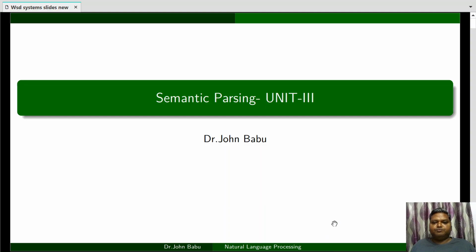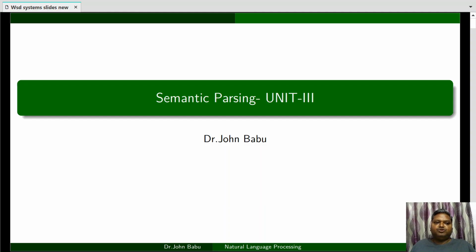We have seen about WordNet and how it is used in word sense disambiguation, how it was developed, and these things we have discussed. So, going further, we have also seen the systems used for word sense disambiguation.